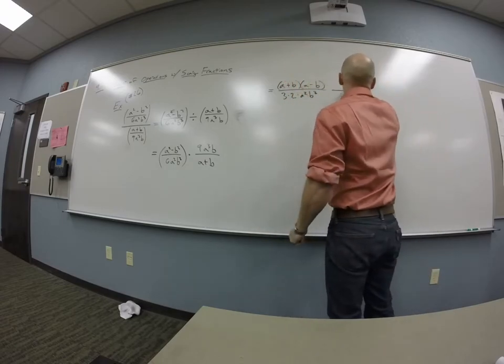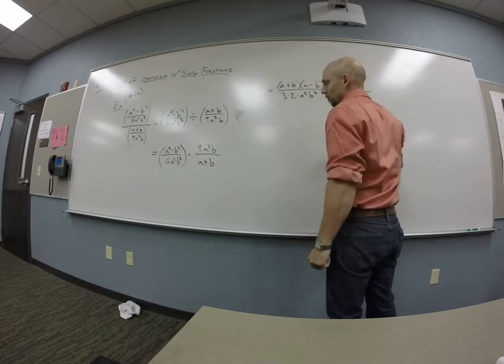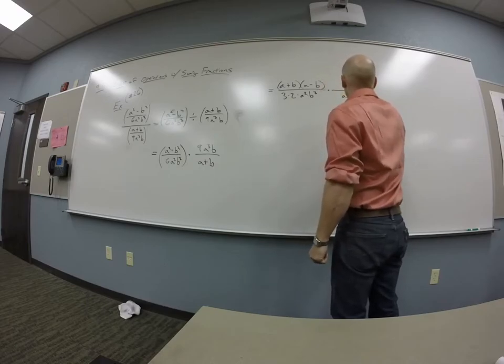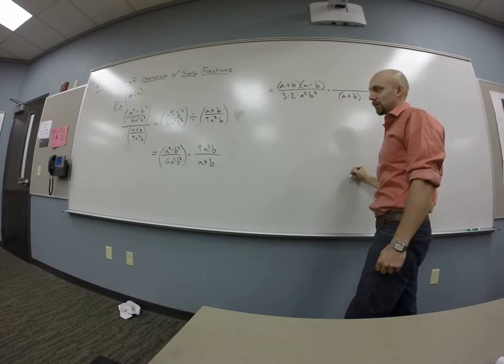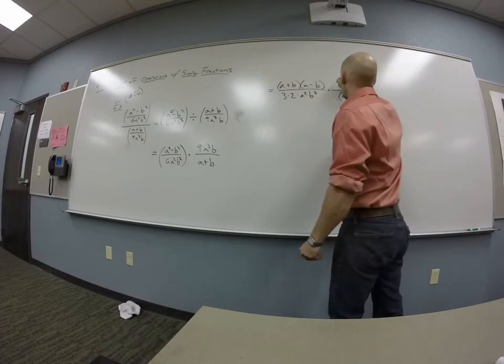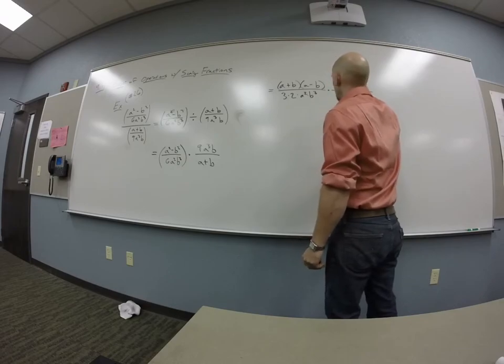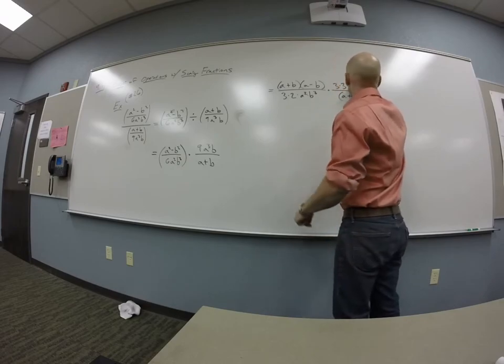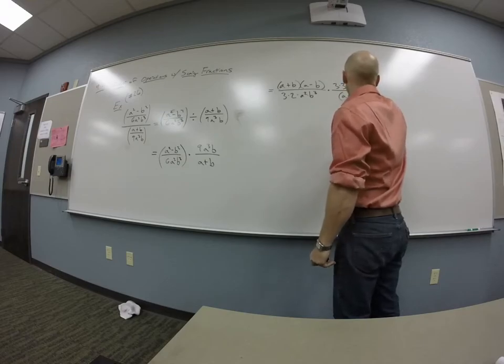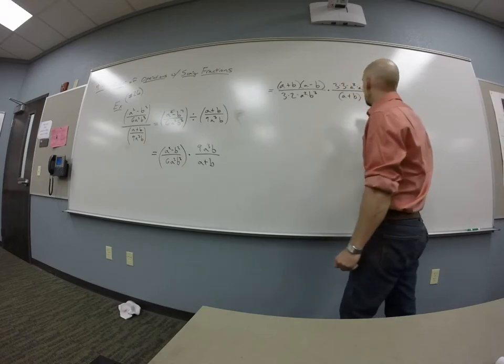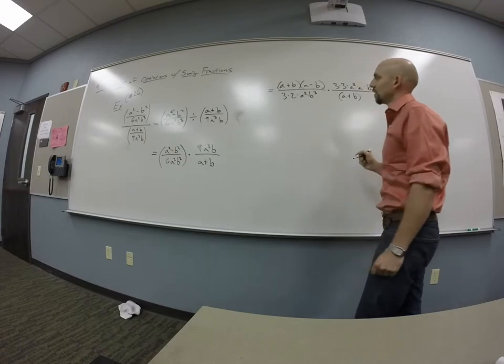Then this other guy that I'm multiplying by, there's a plus b down here, and on the top there's 3 times 3 times, well, there's 3 a's, which I might write as a squared times a times b.